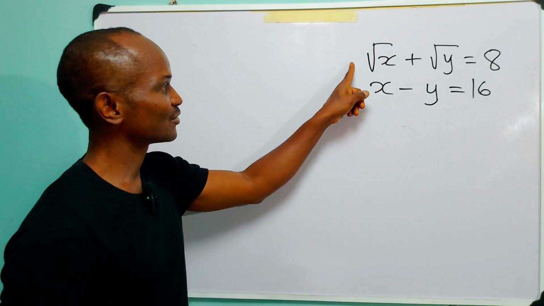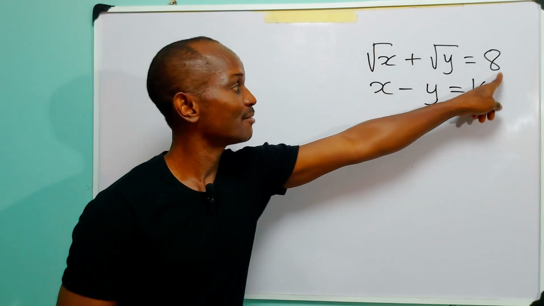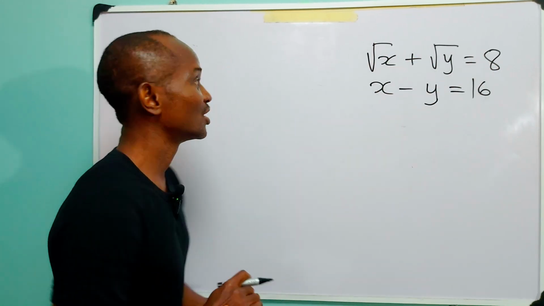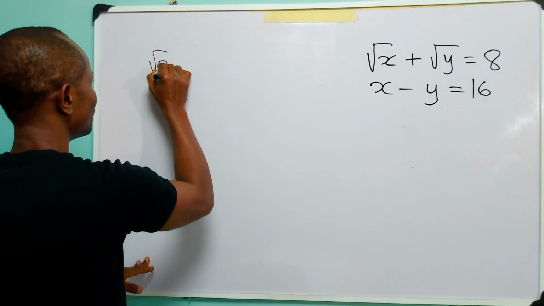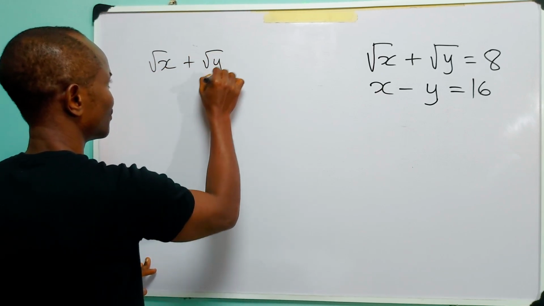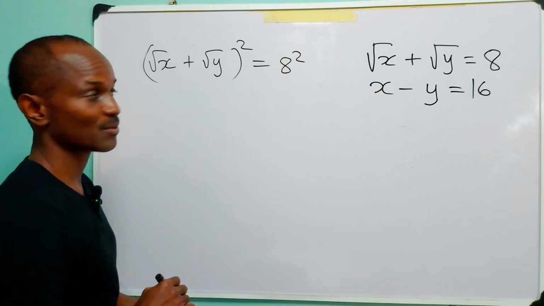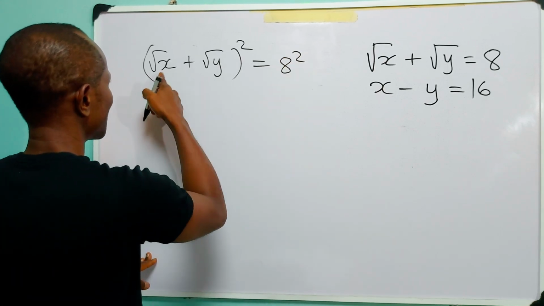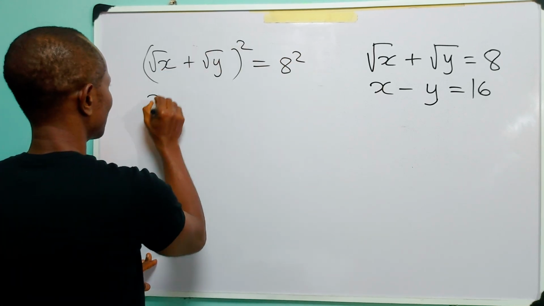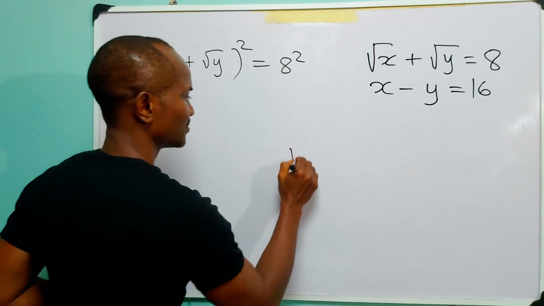The first way starts out with the first equation and we square both sides of this equation. So we have root x plus root y squared is equal to 8 squared. Opening this bracket, we have root x squared, and of course that is equal to x.